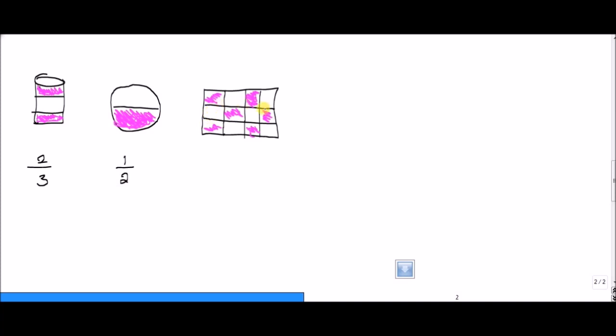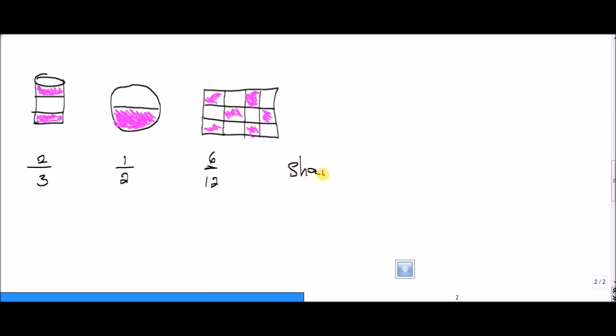And this is divided into 1, 2, 3, 4. 1, 2, 3. 3 times 4, 12 pieces. And I have 1, 2, 3, 4, 5, 6 pieces shaded. Okay, so this would be 6 out of 12. So this represents the shaded section.